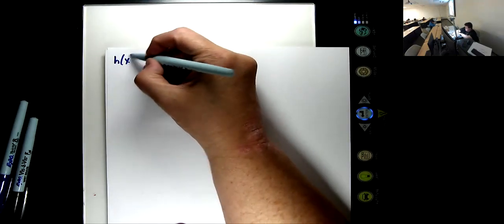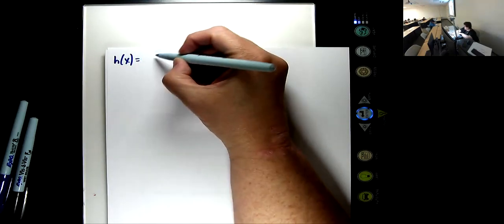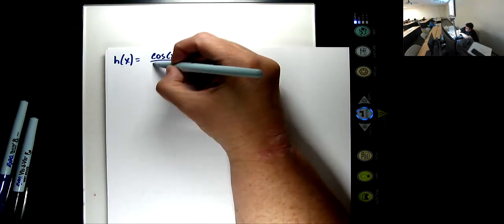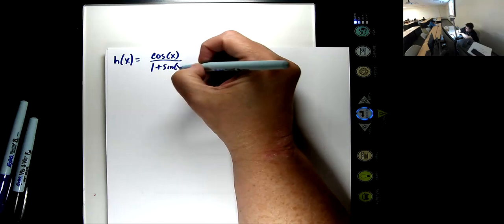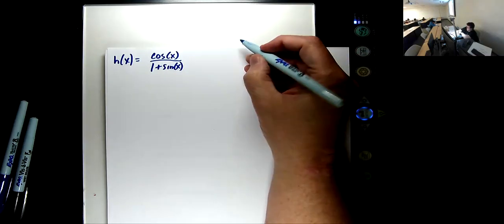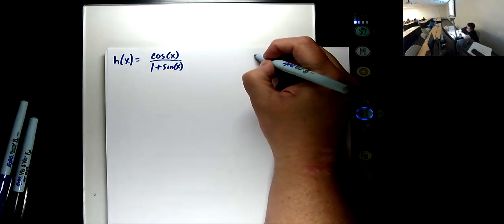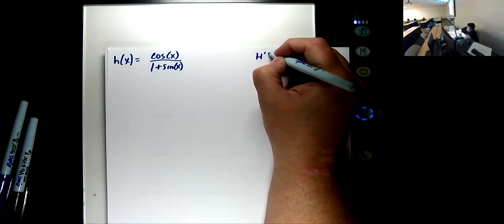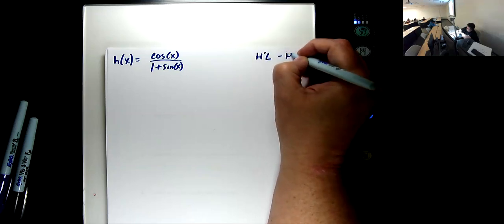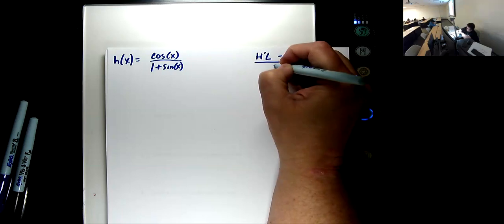All right. And finally, we have h of x, cosine x over 1 plus sine x. So we've got a quotient rule. Quotient rule is high prime low minus high low prime over low squared.